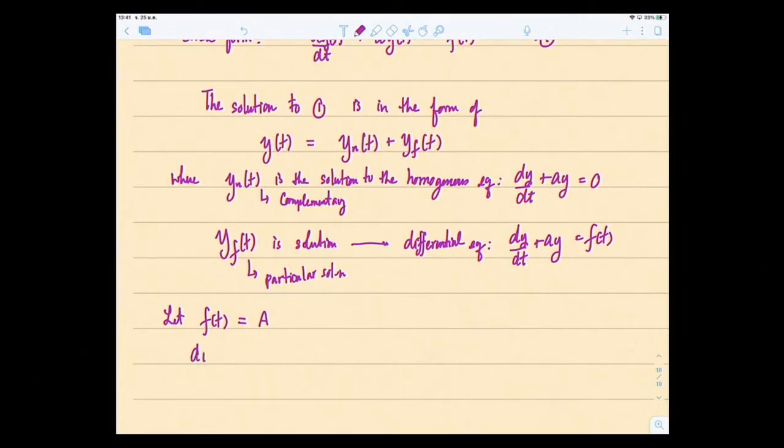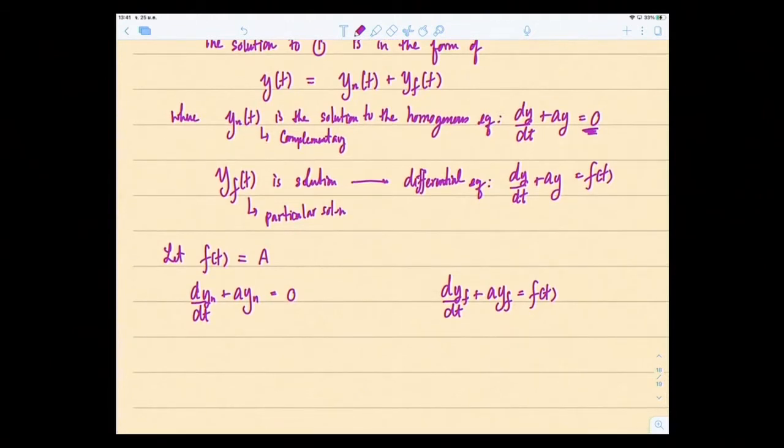One is dyn/dt plus ayn equal to 0, because we set f(t) equal to 0 for this case. The other is dyf/dt plus ayf equal to f(t).